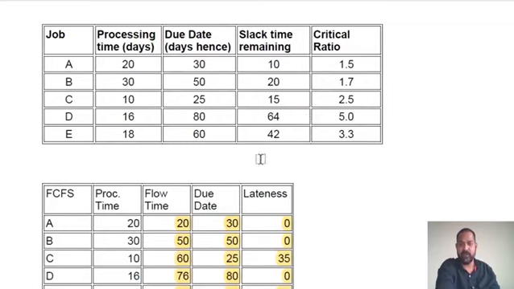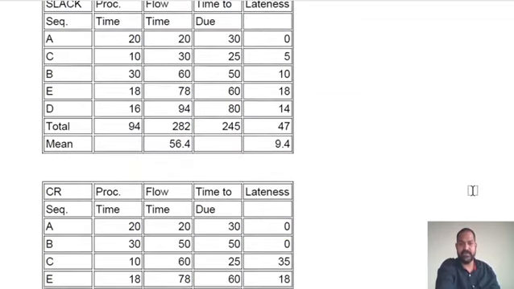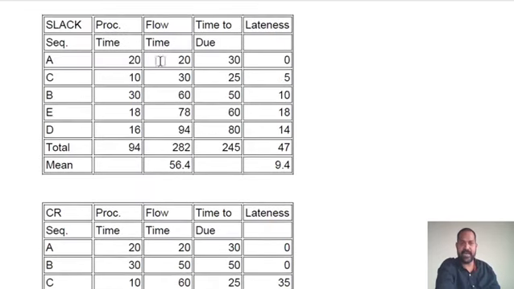So I will say A should be processed first, then C, then B, then E and then D. Yes, it is A, C, B, E and D. When I do that, I again find the flow, I again find the lateness. The mean flow is 56.4 and the average lateness is 9.4.